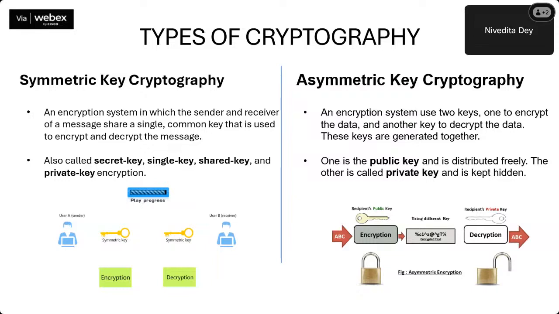That is how the notion of asymmetric key cryptography was coined. Symmetric key cryptography is also called private key cryptography, whereas asymmetric key cryptography is also known as public key cryptography, because a part of the key is available to the public.